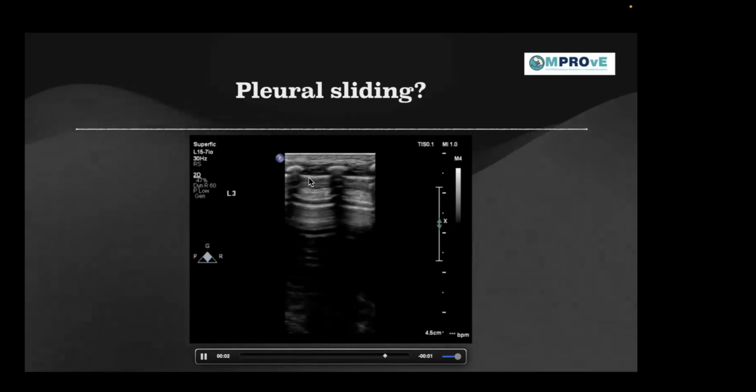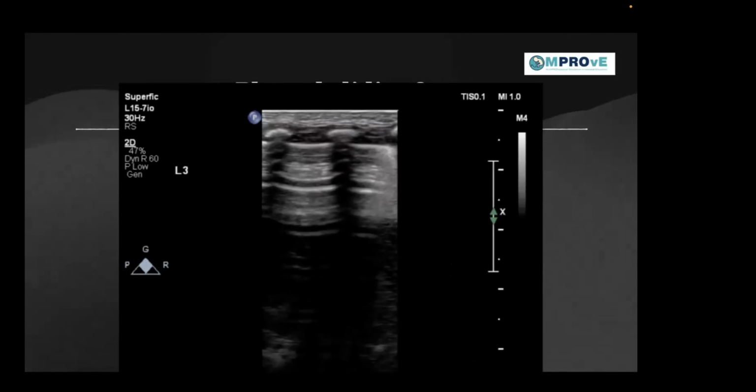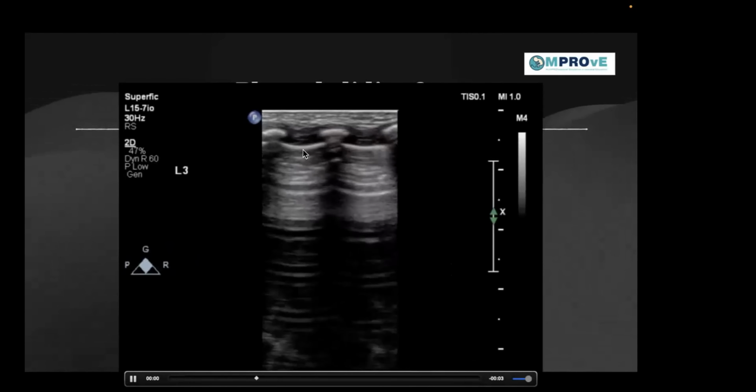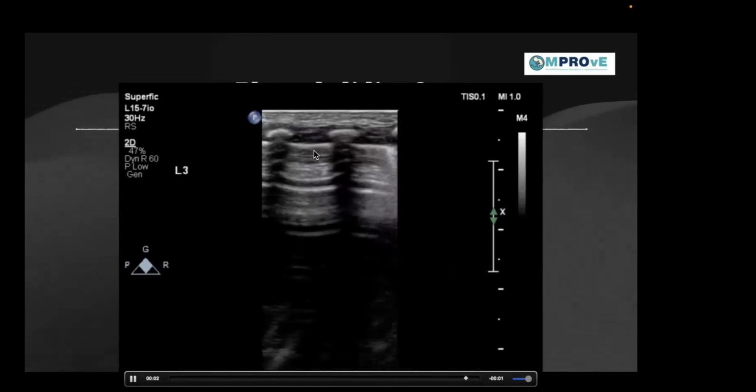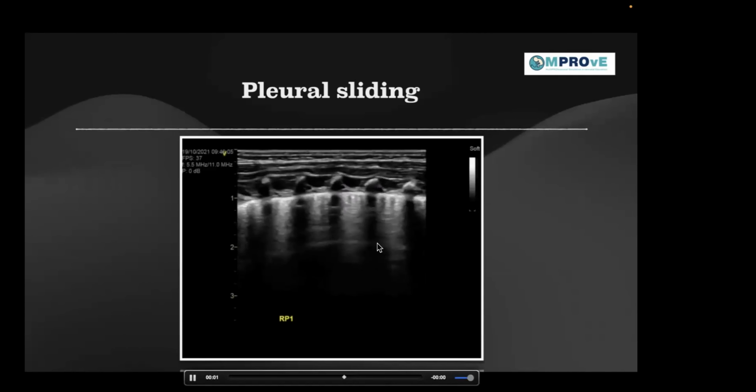Even if you don't see it, you can appreciate very well that there is a pleural sliding ongoing there. If you see what I mean, that's the ants crawling effect. It feels like the ants are crawling there. Same thing here. So there's definitely a pleural sliding and some comet-tail artifacts.